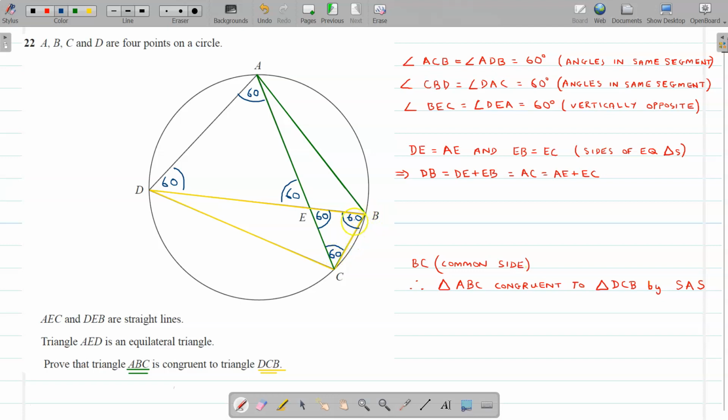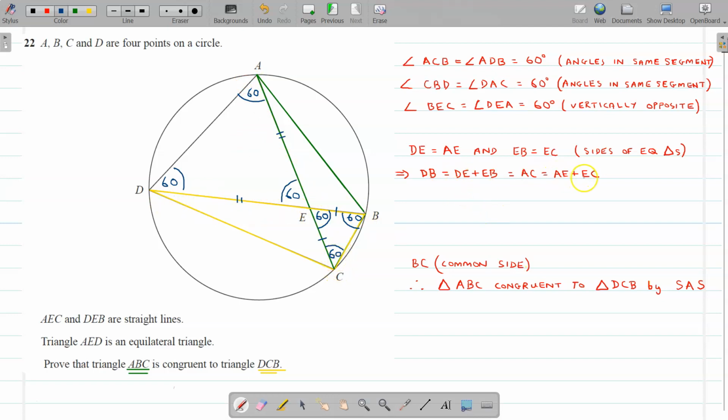And now I can show another side being the same, because I know that if this is an equilateral triangle, that side length is equal to that one, and this side length is equal to that one. So if I add DE and EB together, it's the same length as AE plus EC.